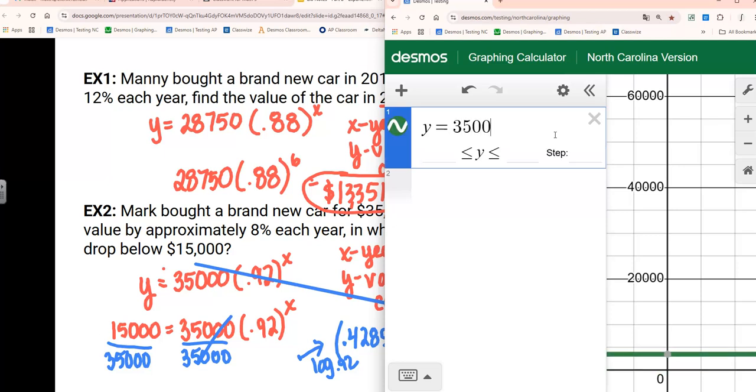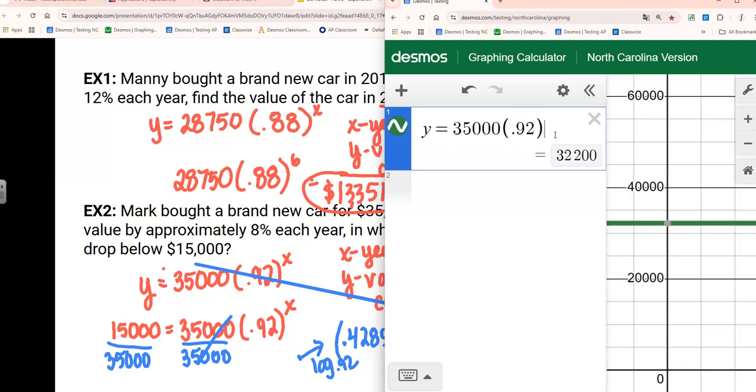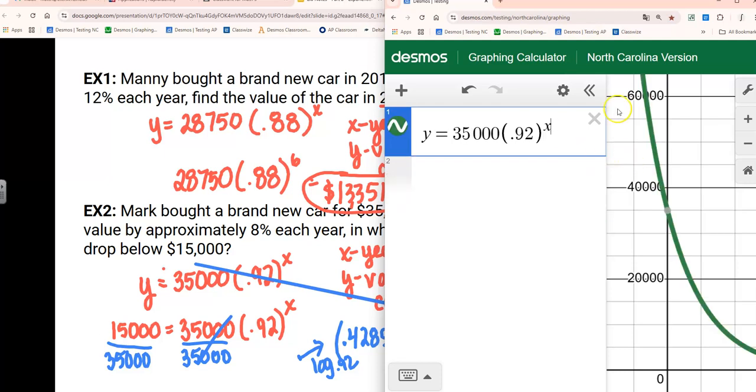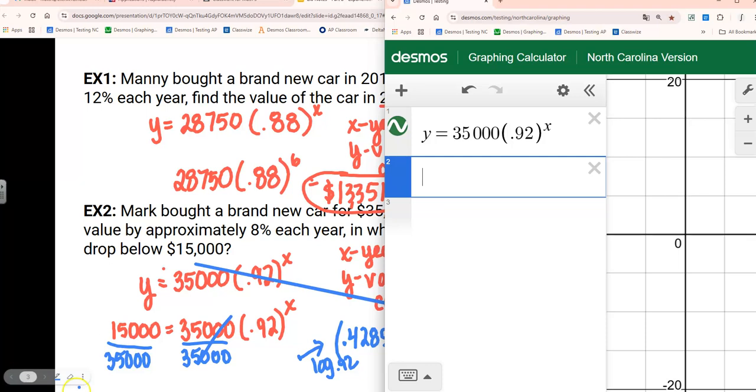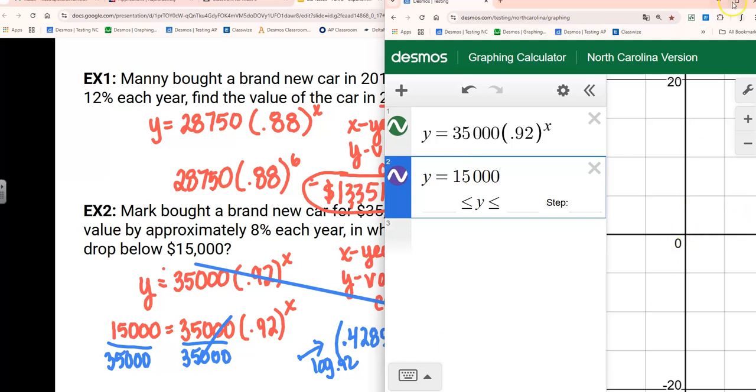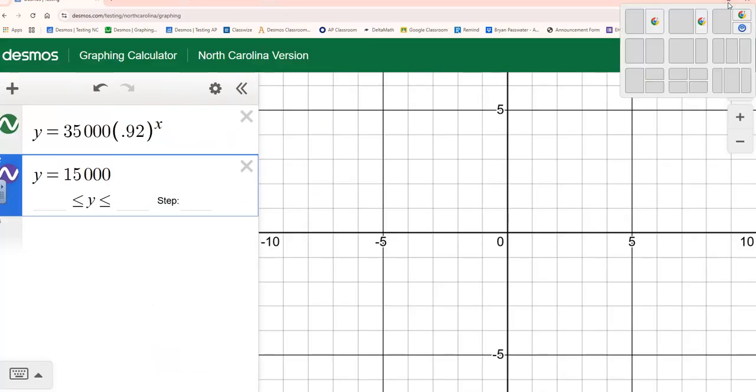We got 35,000 times 0.92 to the x power. So you have to be able to do that. And then we're doing a y value right here equals 15,000. So if I do y equals 15,000, I see nothing right now if I'm in that standard view.